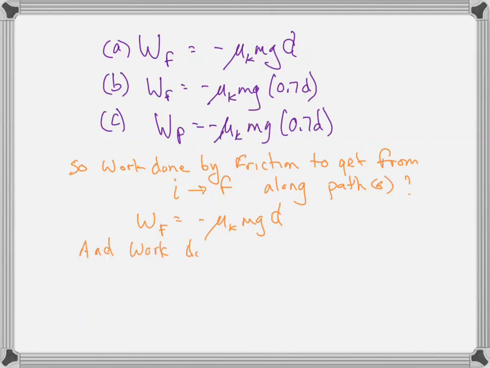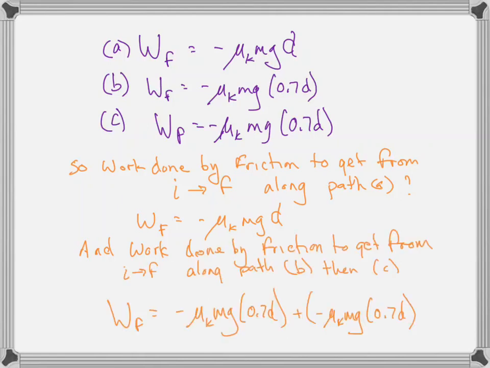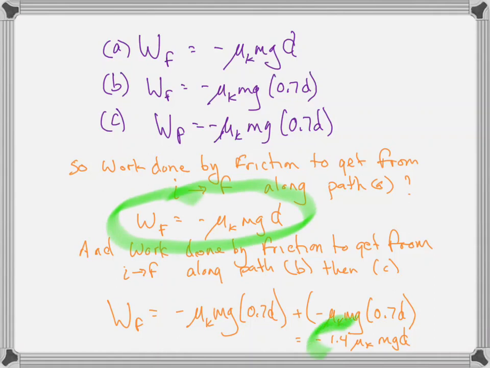The total work done by friction to get from I to F along path B then C, still going from the same initial position to the same final position, is the work done along path B plus the work done along path C, which is equal to minus 1.4 mu k mg d. Notice that the total work done in this case is minus mu k mg d, and in this case is minus 1.4 mu k mg d.